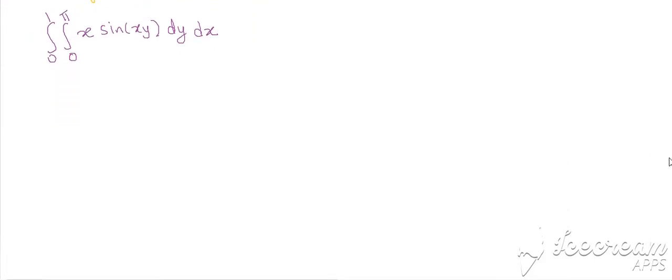So now we are going to follow the same concept as we used in the previous videos. So when we are integrating with respect to y, it means we are going to solve the inside bracket first. So the integral that we are going to integrate, let's write it down. Integral 0 to pi for x sine xy dy.